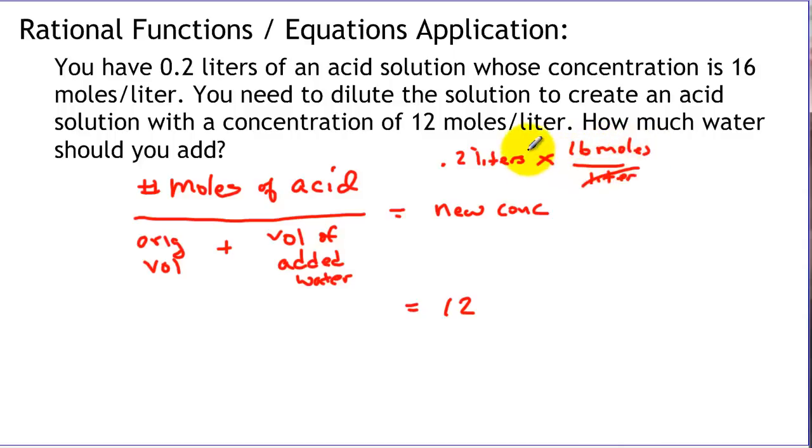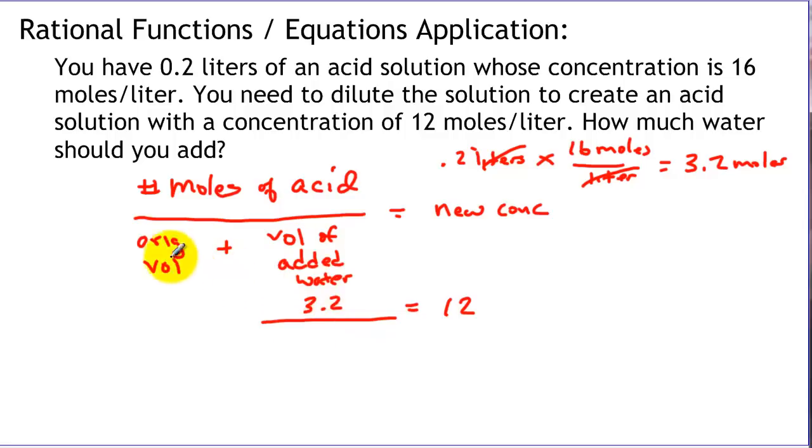So our liters cancel out when we multiply here, so we get 0.2 times 16, or we had 3.2 moles of our acid in our original solution. Since we're adding water, we're not adding any more acid, so our moles will be 3.2.